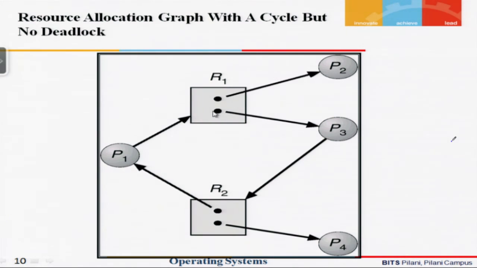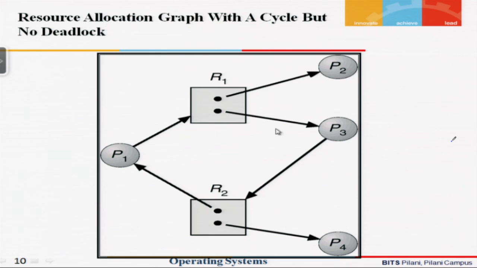P1 is making a request for R1, R1 is allocated to P3, P3 is making a request for R2 and R2 is allocated to P1. We also see that there are two instances of R2 and two instances of R1. So we have multiple instances of resources in the system. Let us analyze whether this particular system has a deadlock or not.